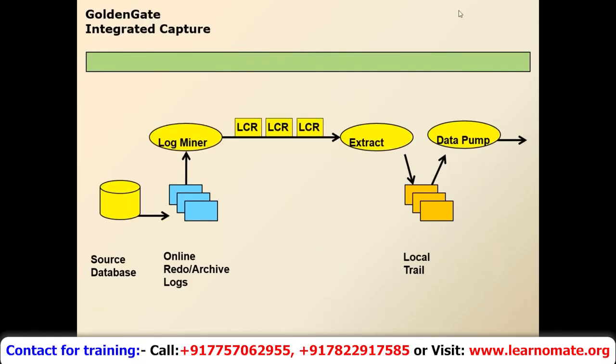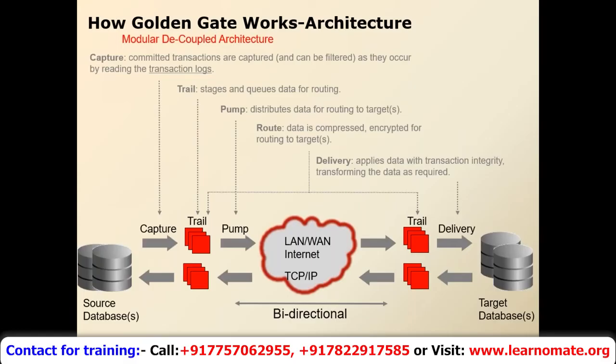Did you get my question first of all? My question again, I repeat, is: I did that test myself. I'm not going by Oracle's words. The performance of integrated capture is 5 to 6 times faster than classic capture. But if you look at the architecture, the classic extract is directly establishing the connectivity with the source database.